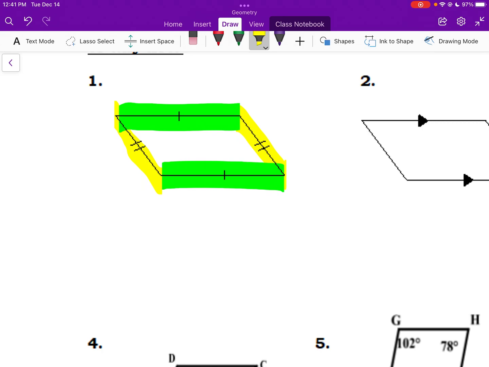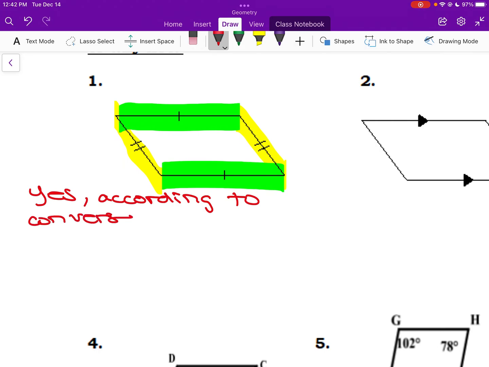Because that was one of my theorems, I can say yes, this is a parallelogram because it has two pairs of opposite congruent sides. This means it satisfies, yes, the converse opposite side parallelogram theorem.